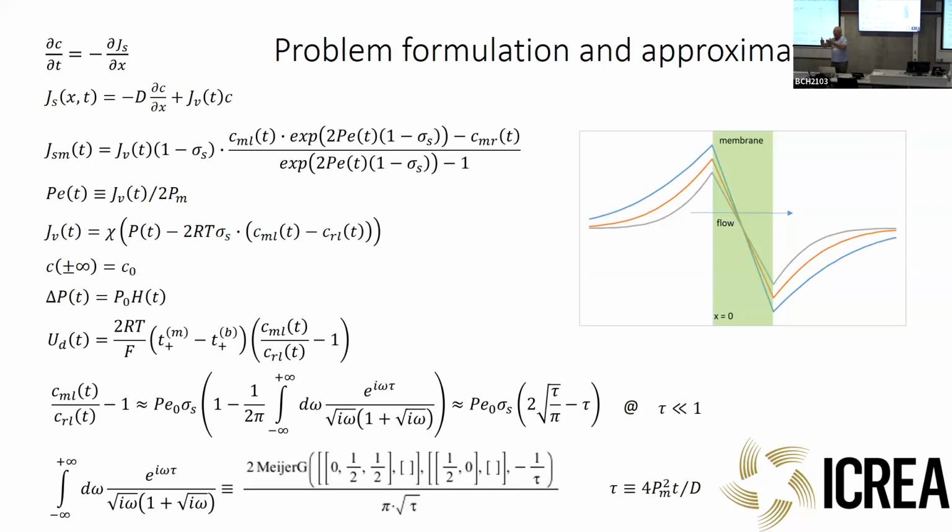Some of them pass, but there is what is called rejection. And this creates this situation shown schematically on the right. So there are concentration profiles arising in the system.